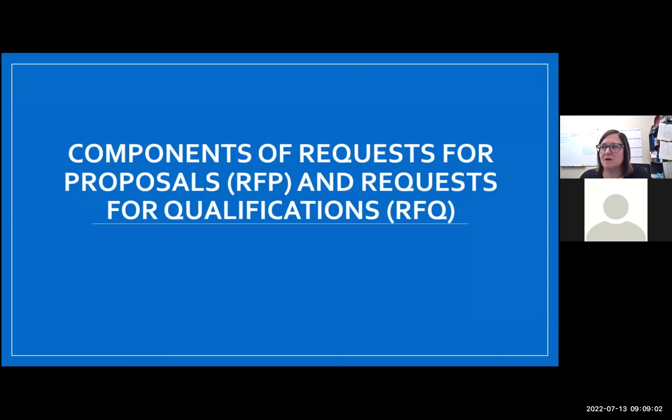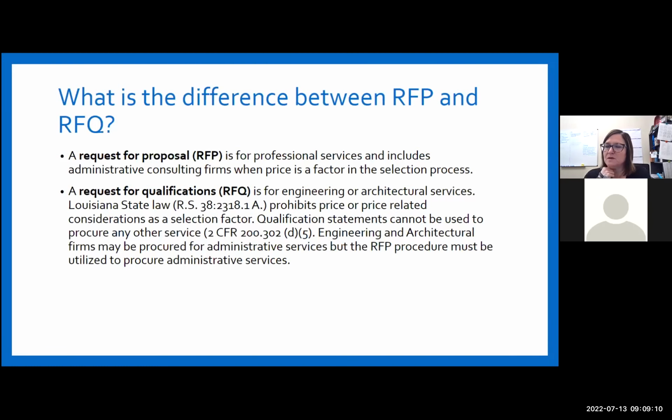Okay. So now we're going to quickly go over the components of requests for proposals and requests for qualifications. So what is the difference between an RFP and an RFQ? A request for proposal is for professional services and includes administrative consulting firms when price is a factor in the selection process. Request for qualifications is for engineering or architectural services.